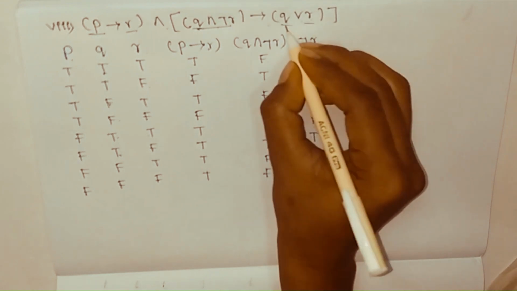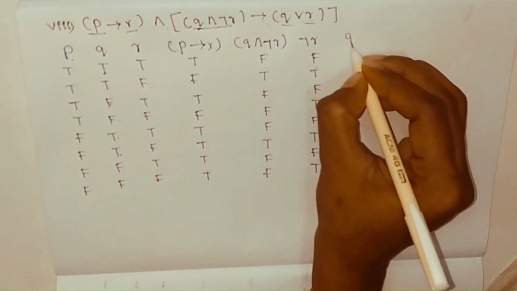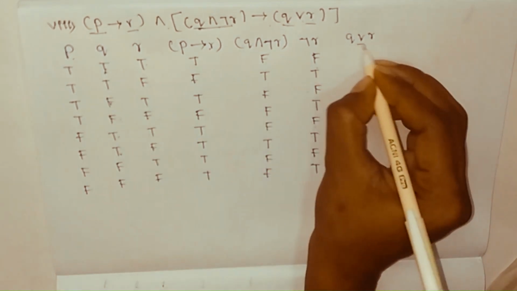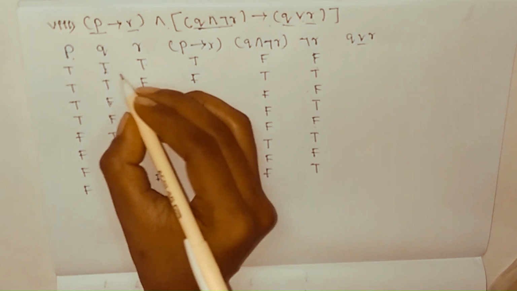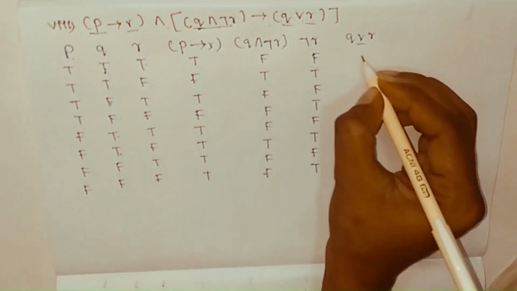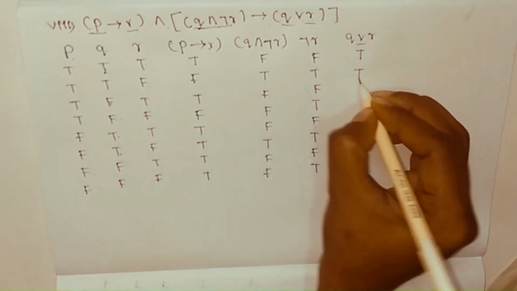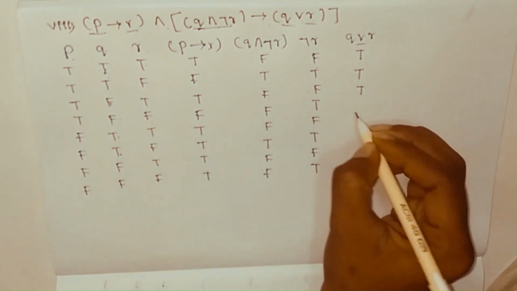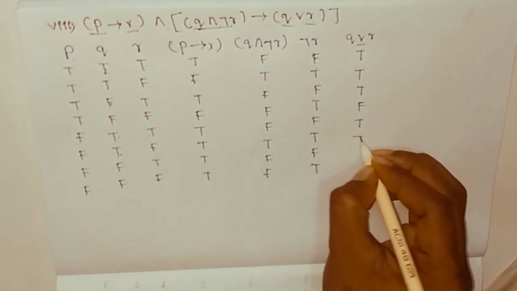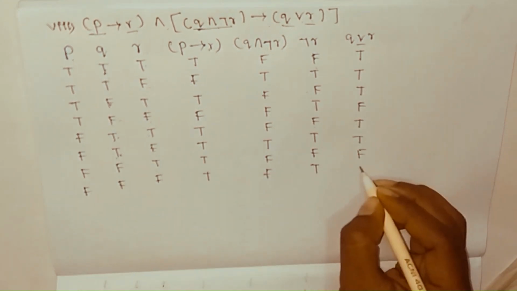And we are applying OR, Q or R. OR operation is nothing but if anyone is true, then it returns true.